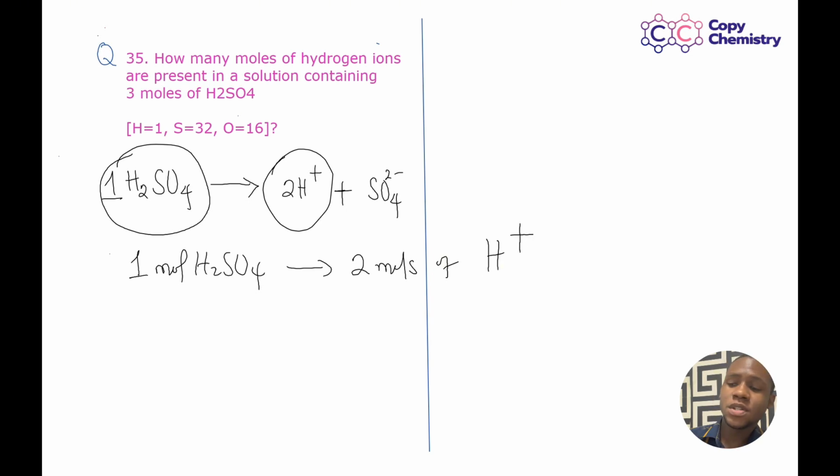So 1 mole of H2SO4 would produce 2 moles of H plus. That's just what the balanced equation is telling us.